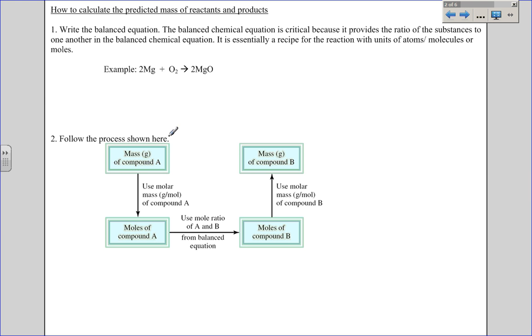For example, if we look at this reaction of magnesium reacting with oxygen to produce magnesium oxide. You know that you balance the reaction in order to observe the law of conservation of mass.